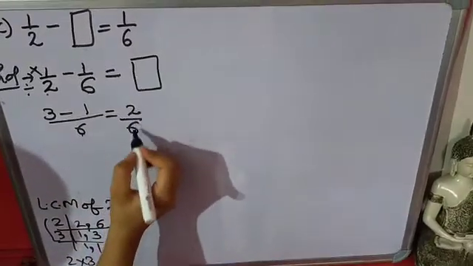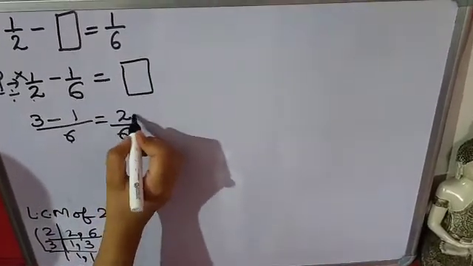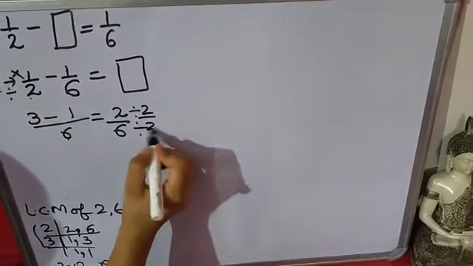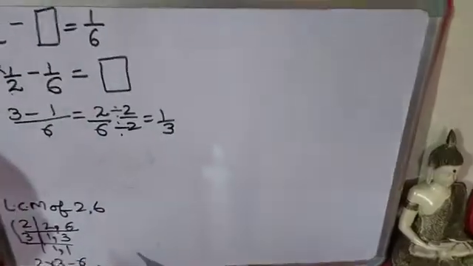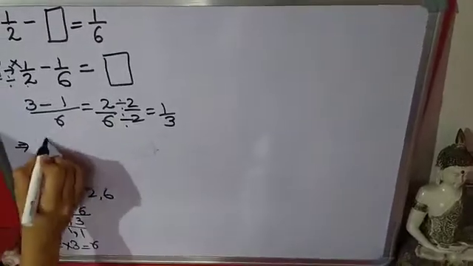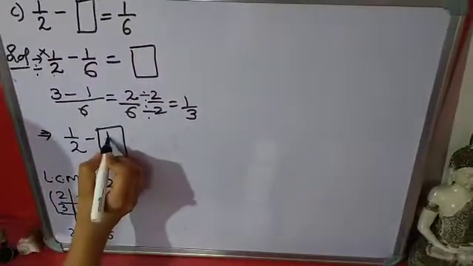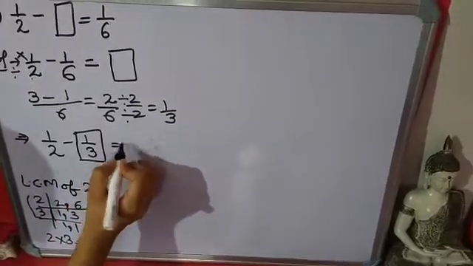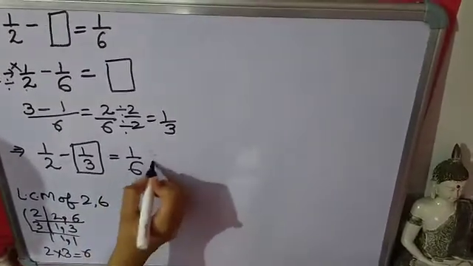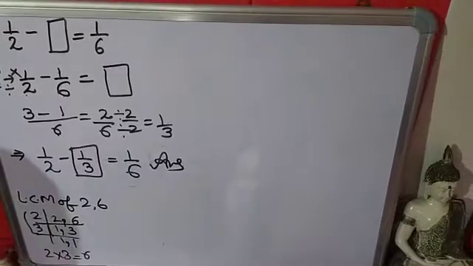You can cut this also. Change into simplest form. Divide by 2. It will be 1 upon 3. So the answer will be 1 upon 2 minus, in the box what will come? 1 upon 3 is equal to 1 upon 6.